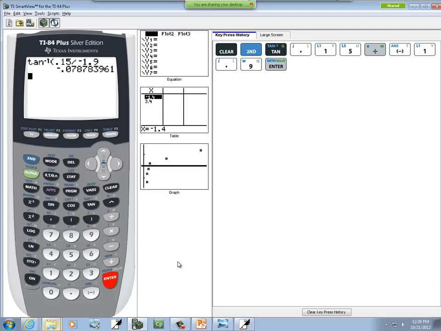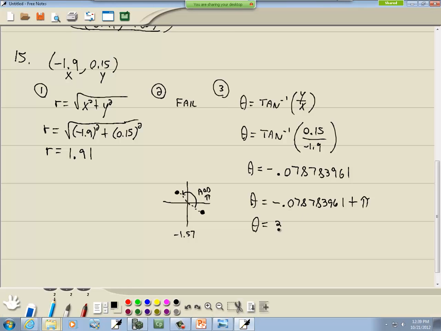Well, this is already in our calculator, so I just do a plus, second caret for the pi, enter. And I'll take it to 2 decimal places, so we get 3.06. So r is 1.91, and theta is 3.06. Now, if I look at it, 3.06 and 1.91, that makes sense for what quadrant it's in.